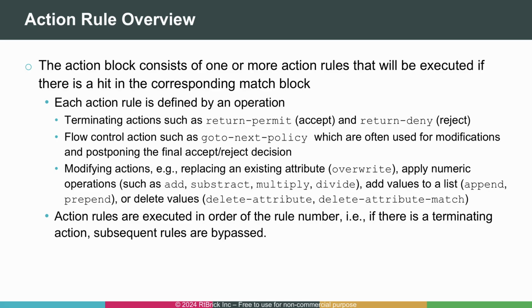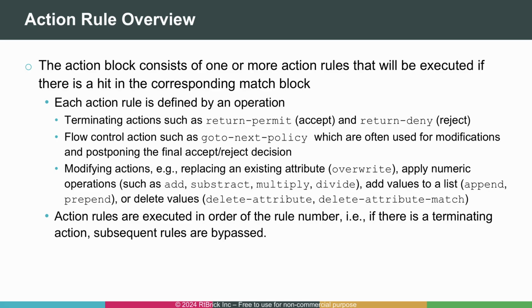First, terminating action operations. As the name suggests, these operations end the evaluation of a route or object. They either accept the object with a return permit instruction or reject it using return deny. Second, flow control operations. Sometimes, after matching an object, we may want to delay the decision to accept or reject.